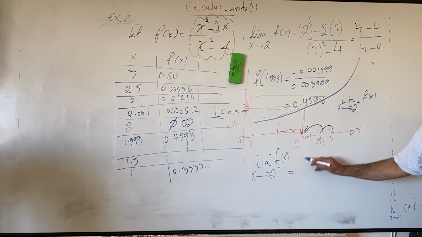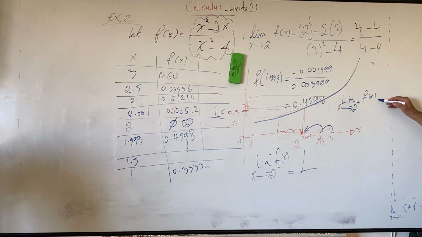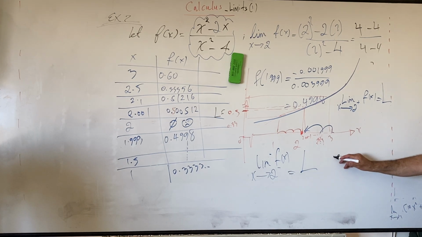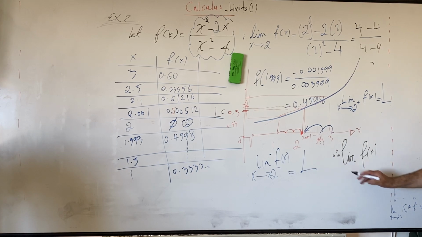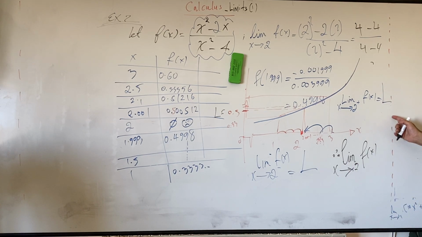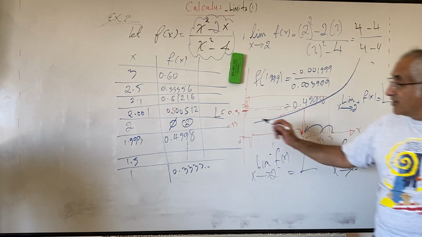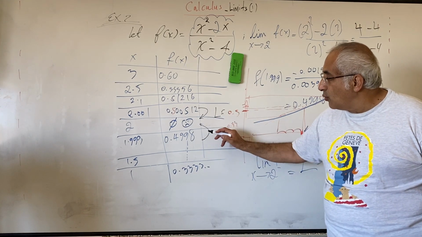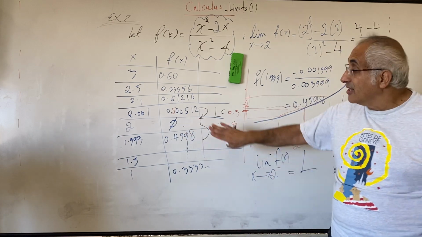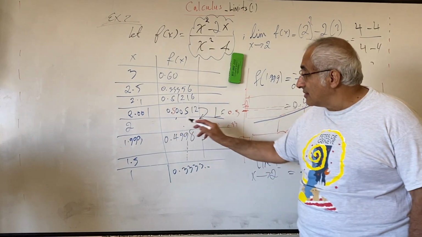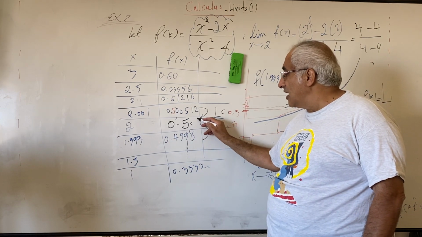I've noticed it's coming close to L from the right, and I've noticed it's coming close to L from the left. And as those two limits are exactly the same, I can end up with a conclusion that the limit of the function as x approaches 2, whether from the right or from the left, is the same. I just proved it to you. Not anymore ugly face, not anymore doesn't exist. It really exists. It's 0.5, which is in English exactly half.